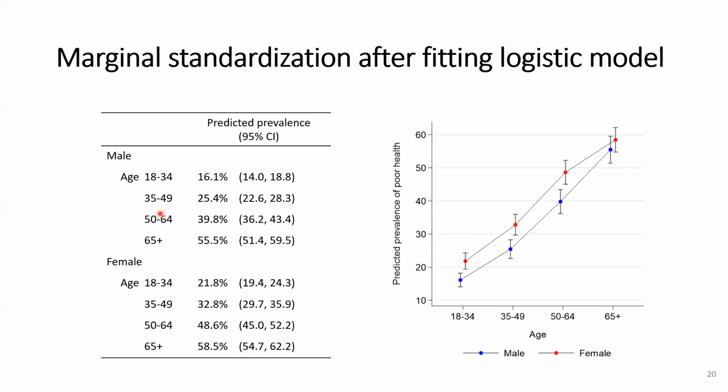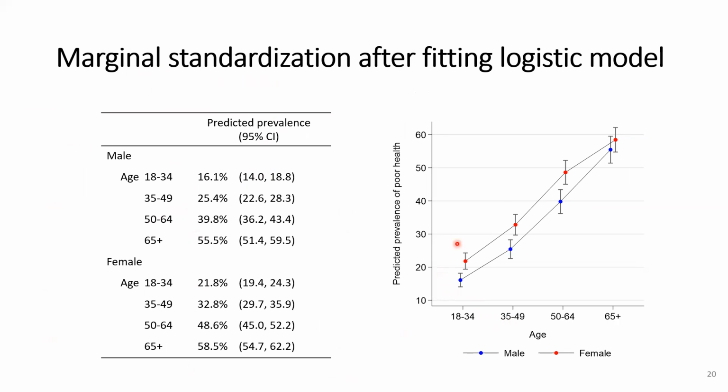The advantage of this marginal standardization is as follows. We can calculate not only ratios, but also predicted probabilities. Sometimes people can understand this better than just a risk ratio.